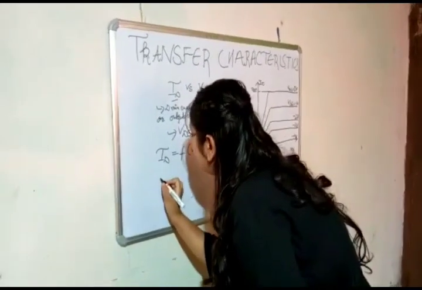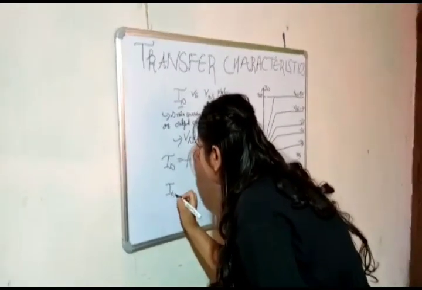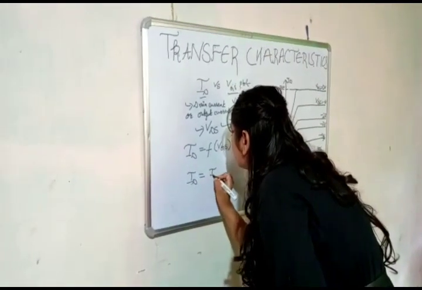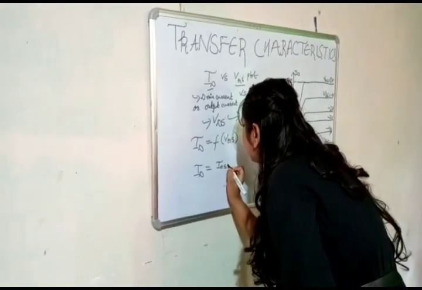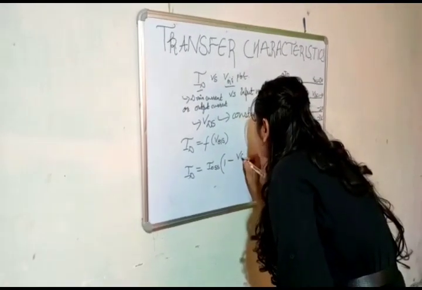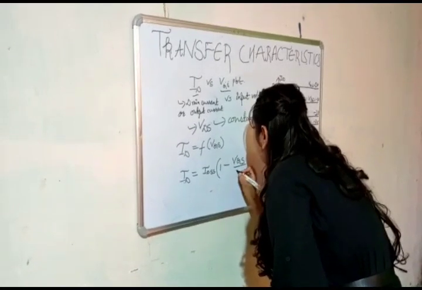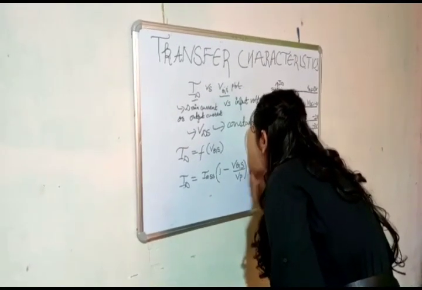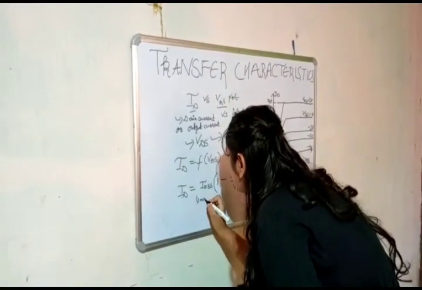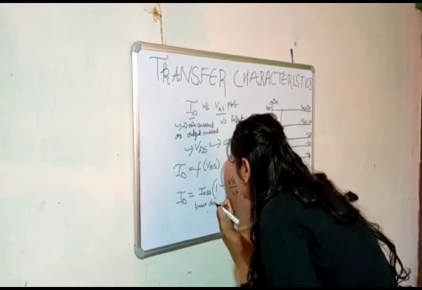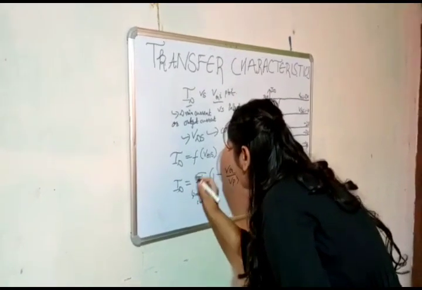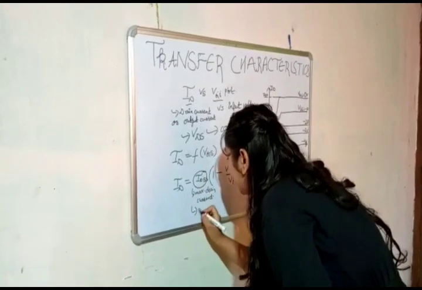The equation for the drain current is ID equals IDSS times 1 minus VGS by VP, whole square. This IDSS is the maximum drain current and is a constant.